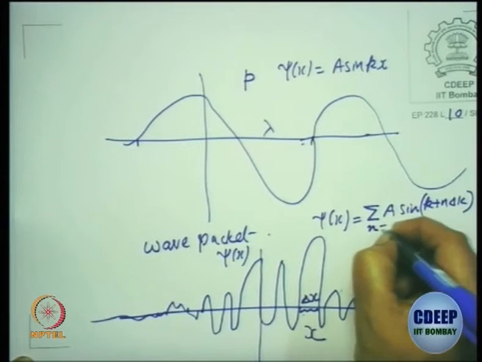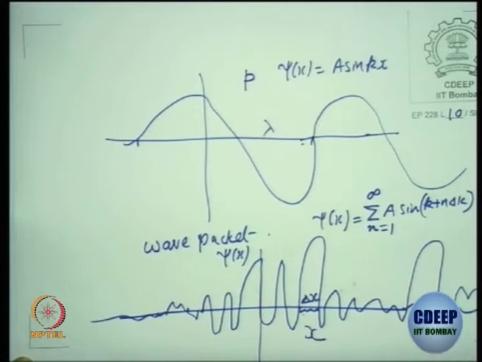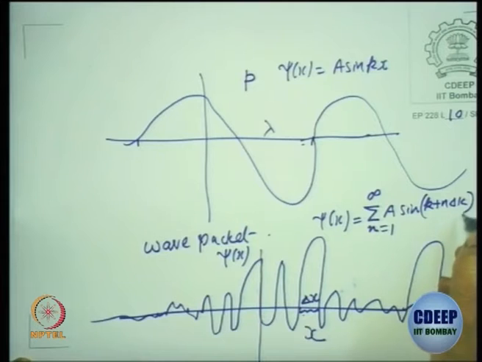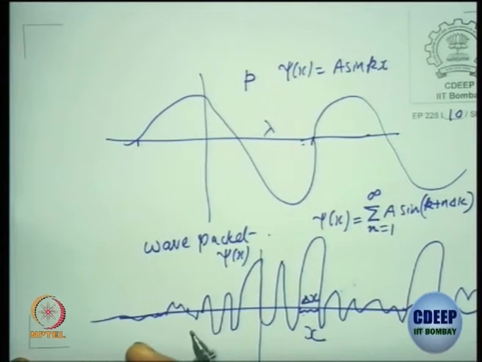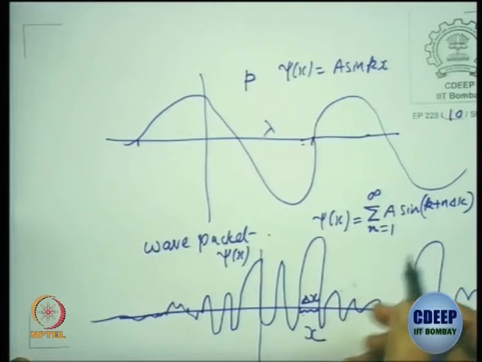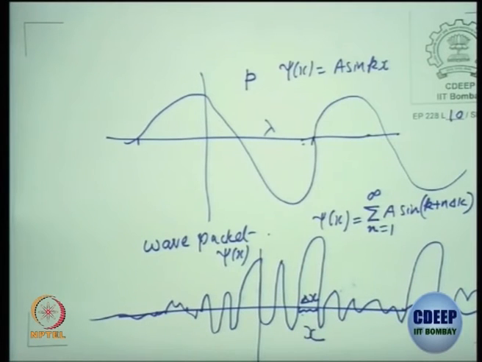Can take n steps from 1 to infinity or something. Could do this. But if I want to take delta k to be really very, very small, what can I do? I can put an integration, right? You agree? This summation is in discrete steps of the wave number, k shifted by k plus delta k.